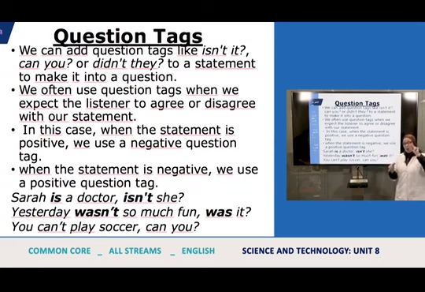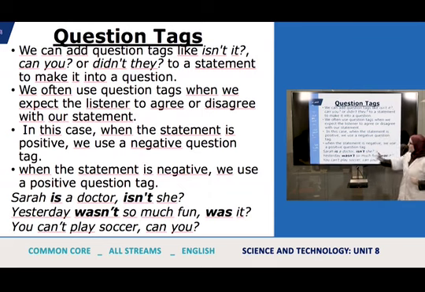By the way, for question tags, we put in the place of the question tag only modal verb, and you have already seen modal verbs and auxiliary verbs along with the verb to be. So is becomes isn't, and we replace Sarah with she, because you cannot say isn't Sarah. Here we're going to have repetition. So in order to avoid repetition, we replace Sarah with she.